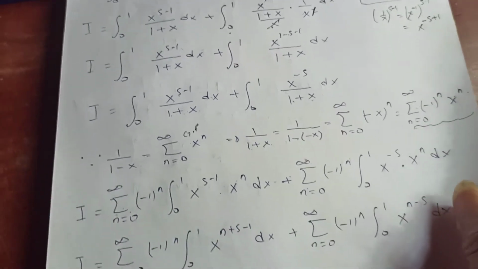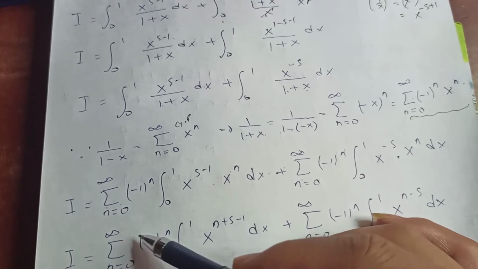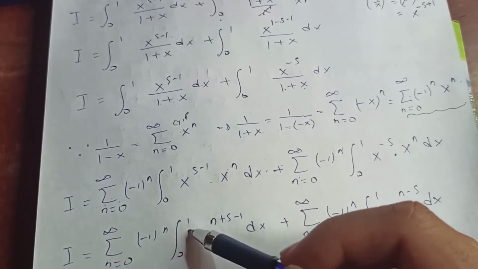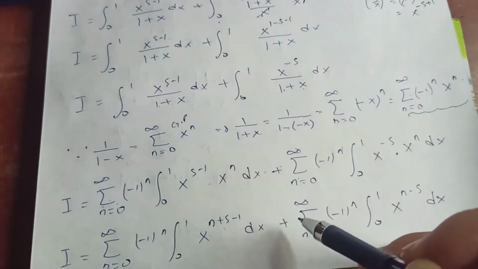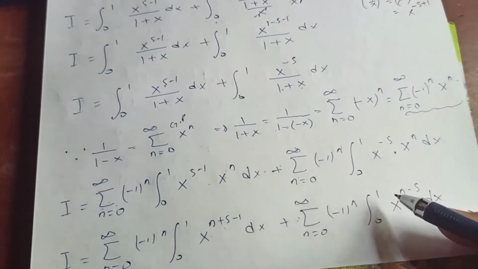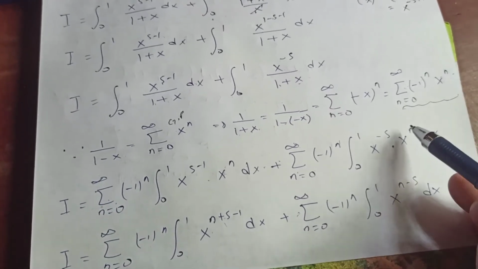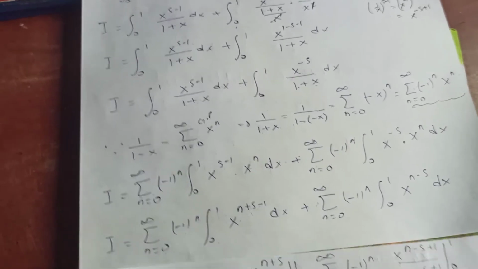Now I is nothing but the sum from n equals 0 to infinity of minus 1 to the n times the integral from 0 to 1 of x to the n plus s minus 1 dx, combining them, plus the sum from n equals 0 to infinity of minus 1 to the n times the integral from 0 to 1 of x to the n minus s dx. Now continue it here.